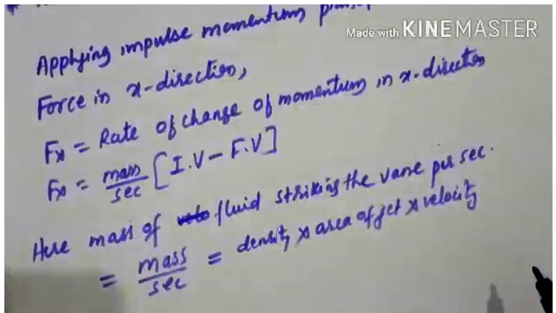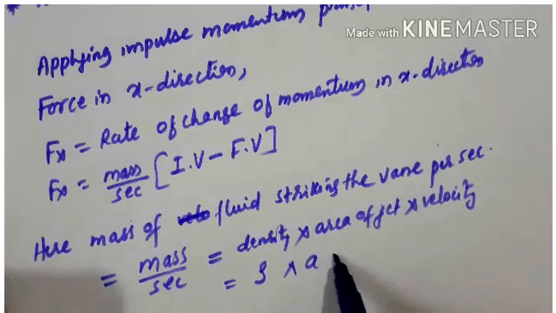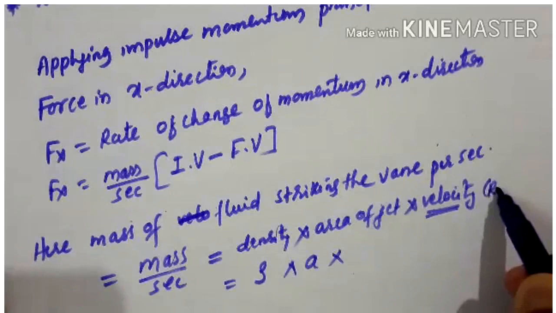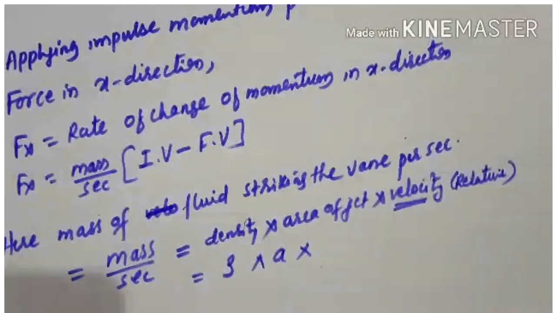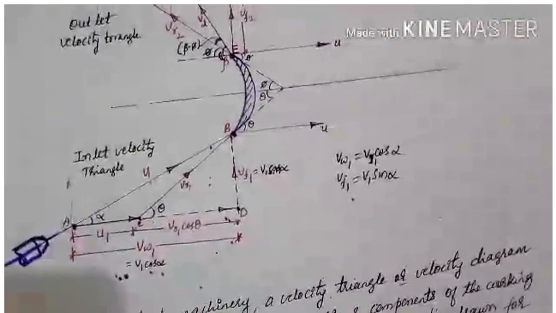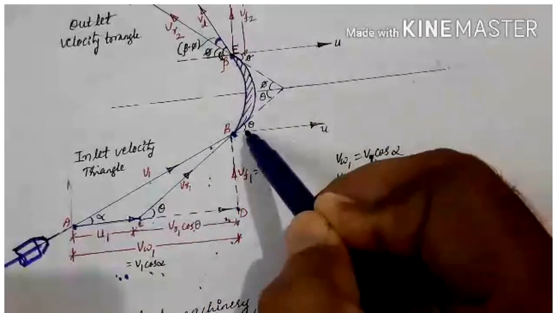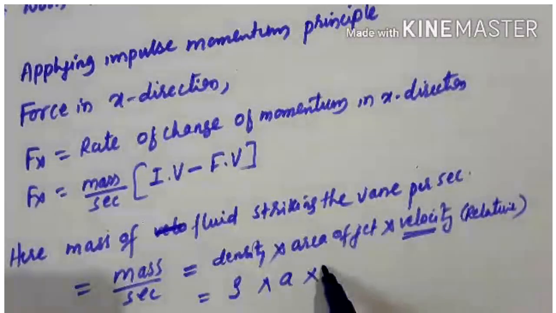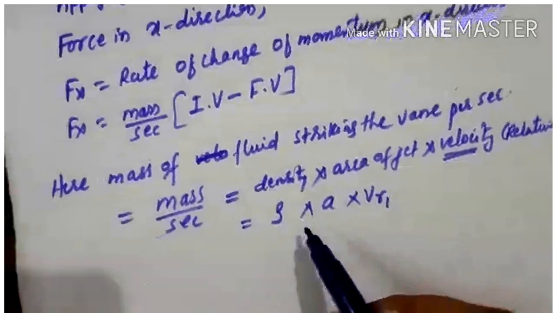That is, rho into area into velocity. Here the velocity is to be taken as the relative velocity, with which the jet is entering the blade passage. It will enter with relative velocity, not absolute velocity, because the vane is also moving. Hence we have to take the relative velocity, that is VR1 at inlet. So this is the mass per second, and we have to substitute it here.